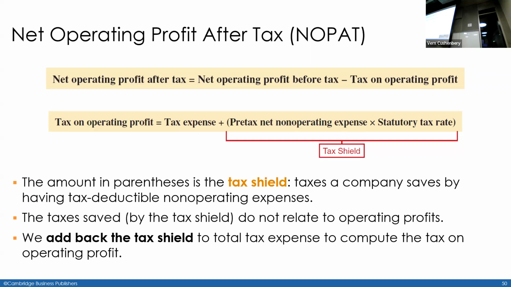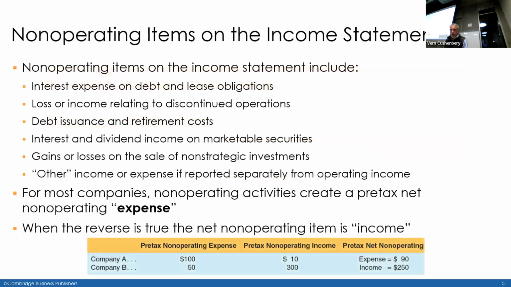Think of it as mostly interest. A lot of finance classes call this term the interest tax shield. We call it the net non-operating expense tax shield, because we're accountants, I guess. So when we add back interest and multiply that times the statutory tax rate, we get a tax shield, and those numbers kind of break down like this.